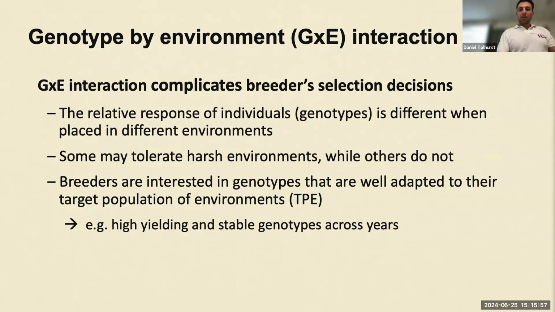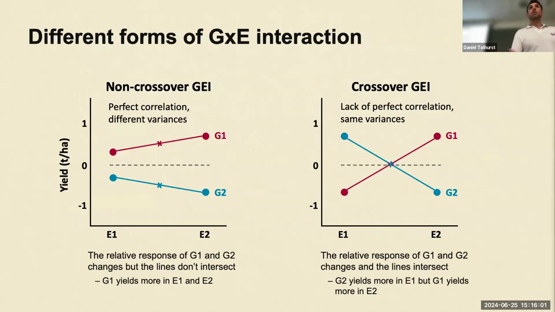So this comes to different ways that we can view G by E interaction. On the plots here, I've got 2 examples: one is non-crossover and the other is crossover. In terms of non-crossover G by E, we have 2 genotypes, G1 and G2. This is just a toy example, obviously.